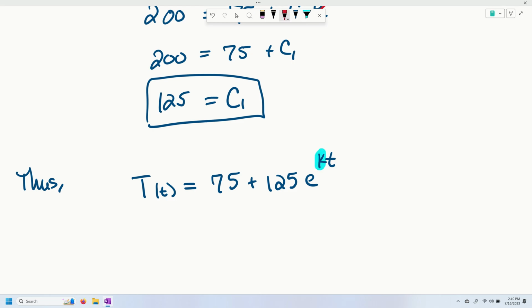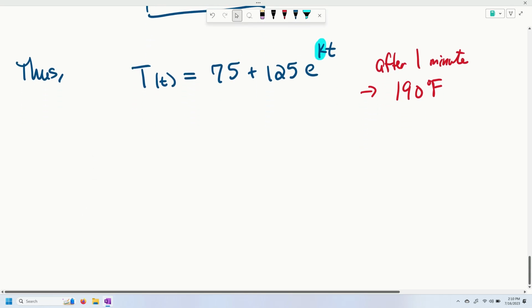We've already used the initial conditions to find c1, so we need a little more information here. Luckily, we know that after 1 minute, our pizza temperature turned out to be 190 degrees. So we can use this to our advantage.